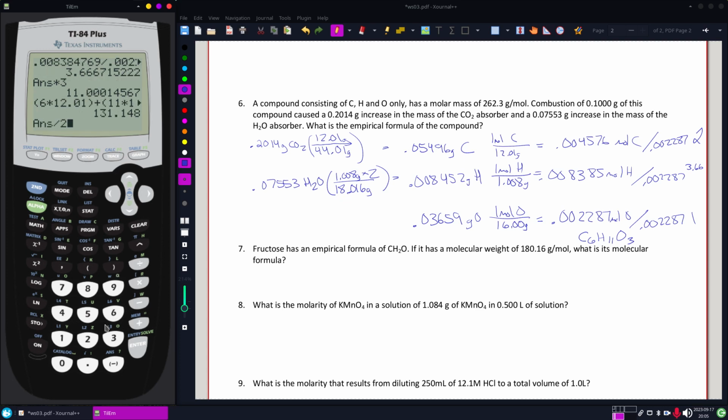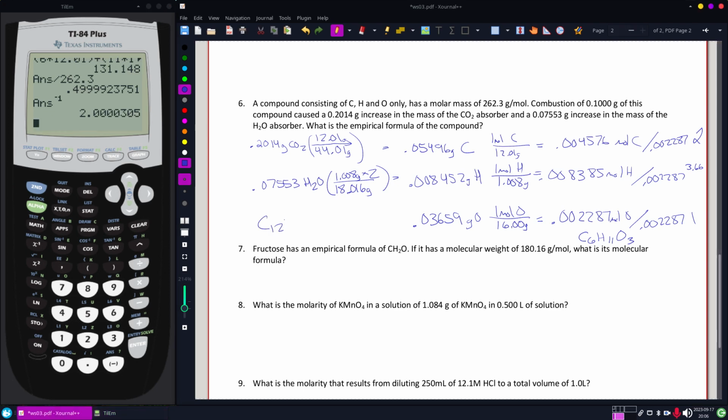And that goes into 262, well, not when I do the math like that. It goes in there twice. What the heck? Try that again. There we go. Giving us a molecular formula of C12H22O6.